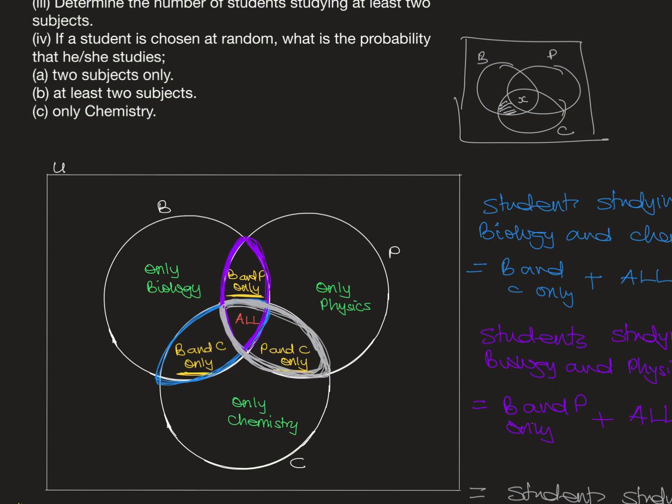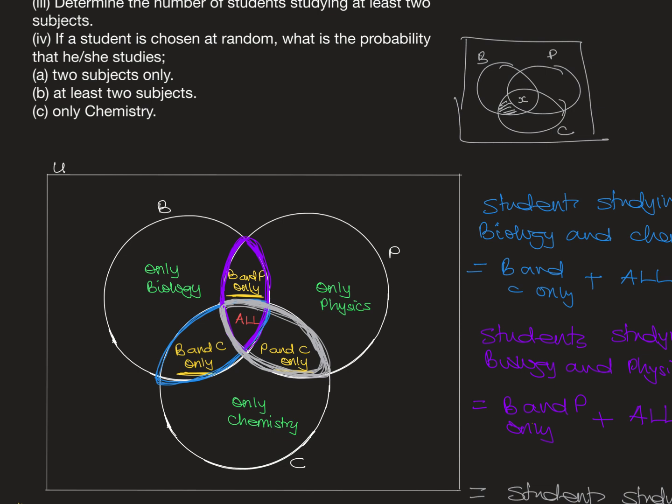Again, if you want to know the students who are studying biology and physics only, you have to subtract X from the students who are studying biology and physics. If you want to know students who are studying only physics and chemistry, you have to subtract X from students who are studying physics and chemistry.